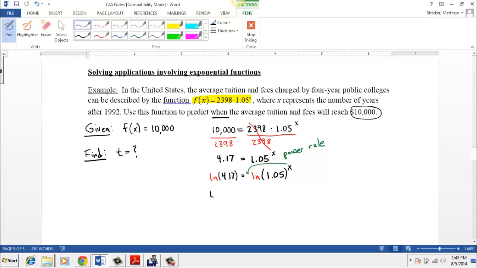So when we do that, we get the ln of 4.17 equals x times the ln of 1.05. Now we're really close, because we can just go ahead and divide both sides by the ln of 1.05, because that'll get x by itself.